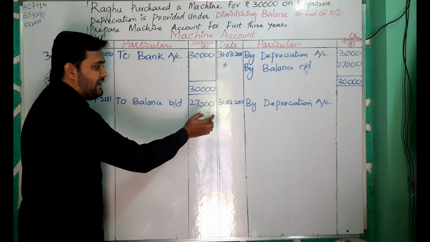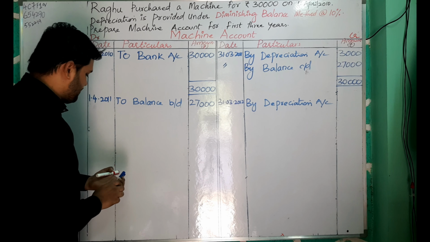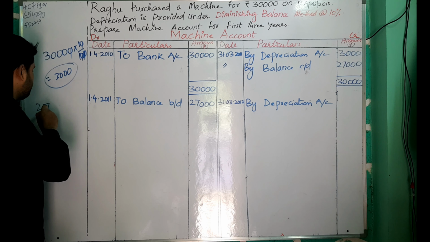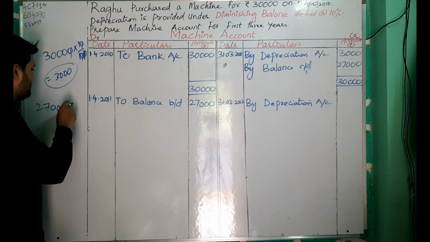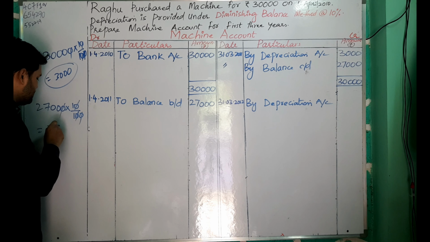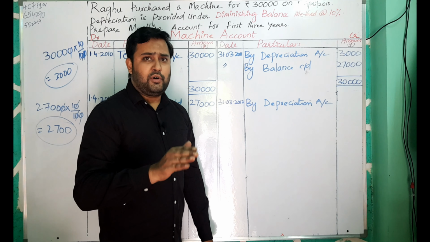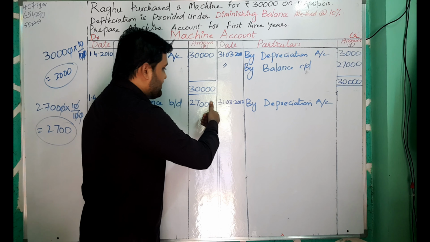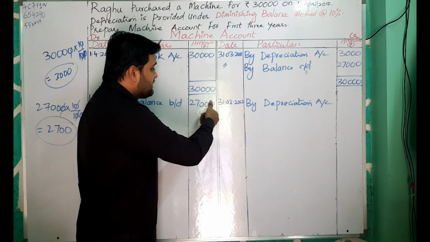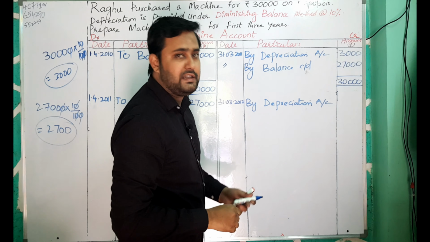Now we have to calculate 10% on 27,000. 27,000 into 10 divided by 100. If you cut off one 0, 2,700 is the answer. The shortcut for calculating 10% is to cut off one 0, and you will get 2,700.